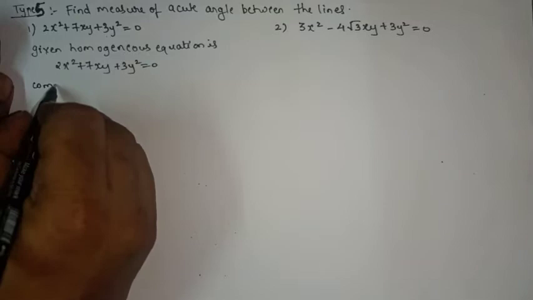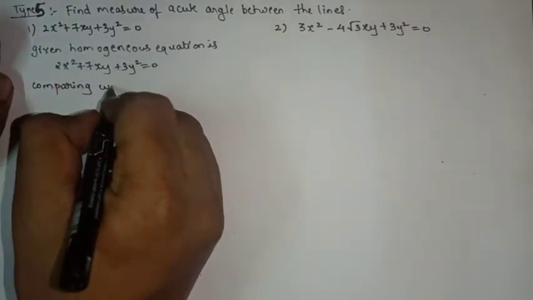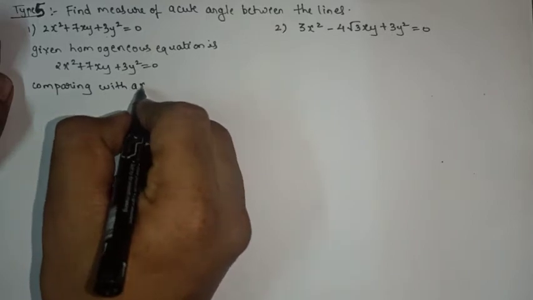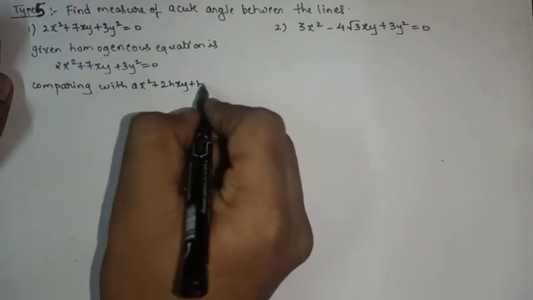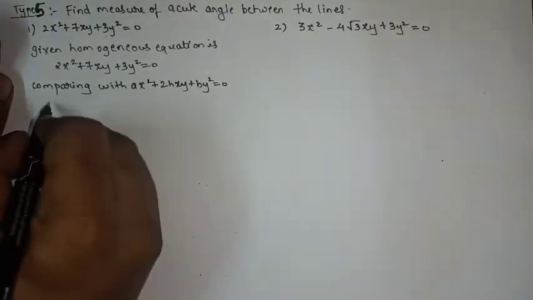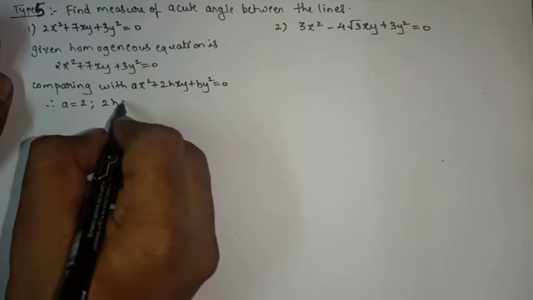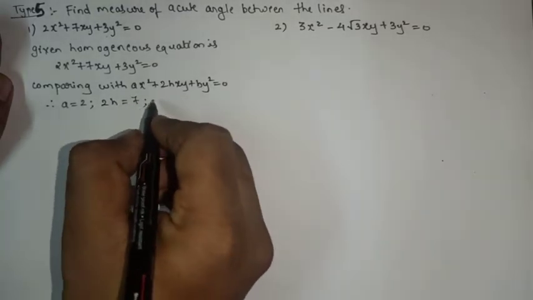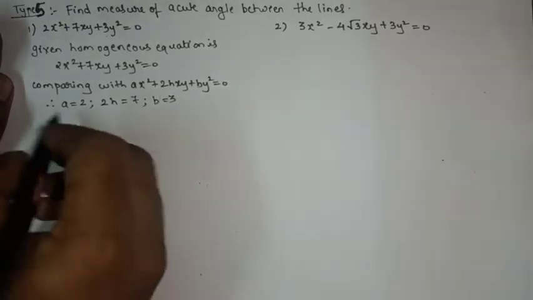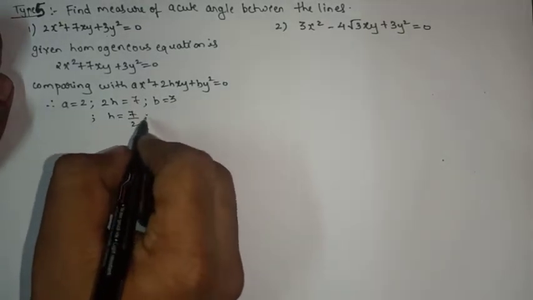So comparing with ax square plus 2hxy plus by square equals 0, you will get the value of a as 2, 2h as 7 and b as 3. So here the value of h will be what? 7 upon 2.